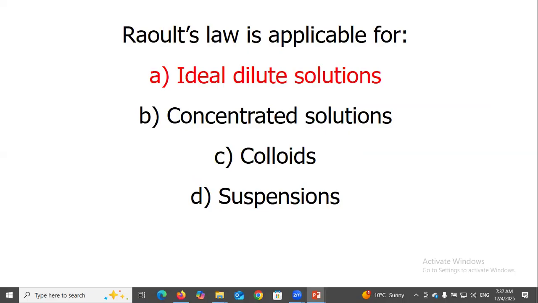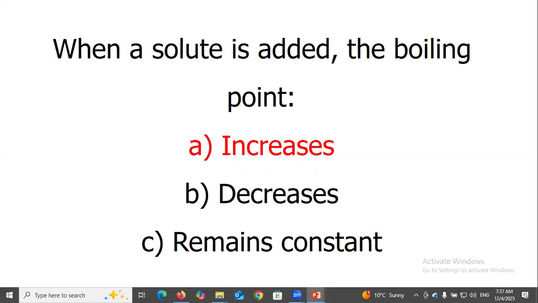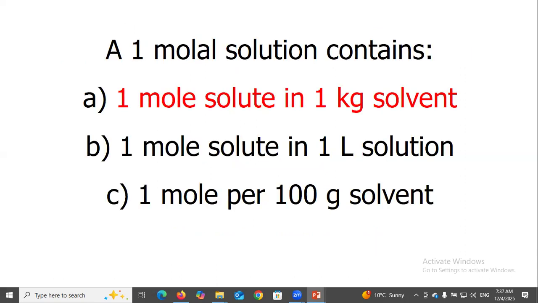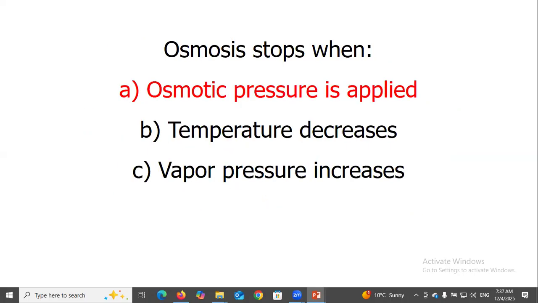Raoult's law is applicable for ideal dilute solutions. When a solute is added, the boiling point increases. One molal solution contains 1 mole solute in 1 kg solvent. Osmosis stops when osmotic pressure is applied.